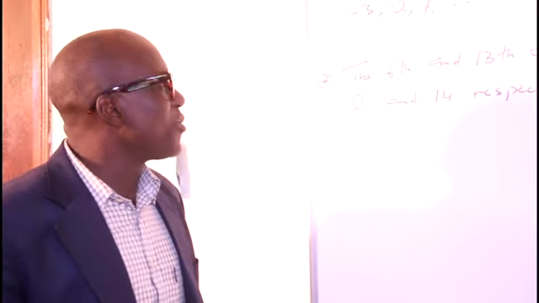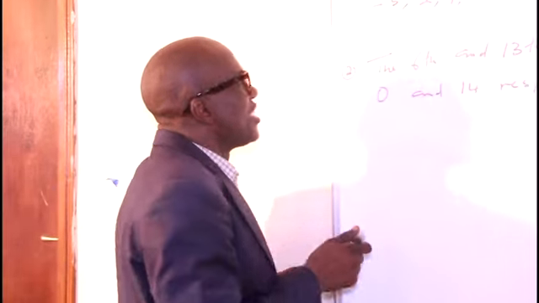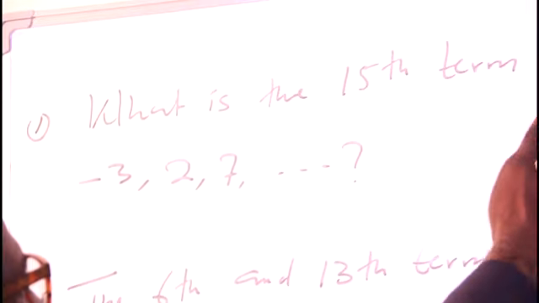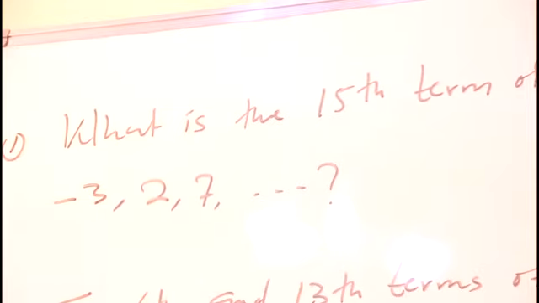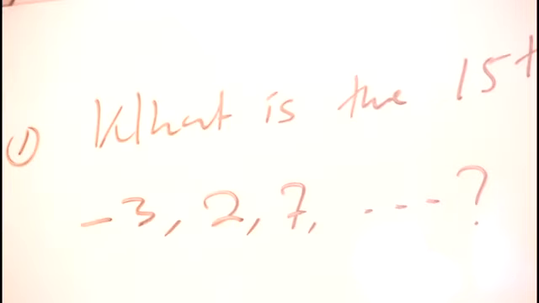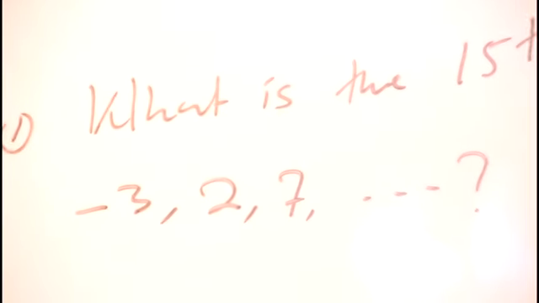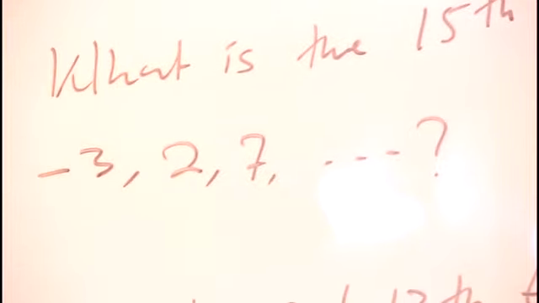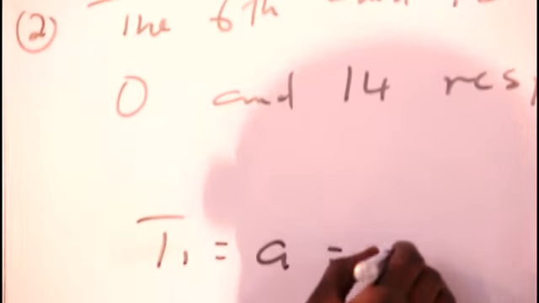Okay, now from what we've done, suppose we are given, look at this question, they said, what is the 15th term of the sequence? Now, what they're asking us for is T15. Looking at the sequence we have, T1 is equal to A, and it is equal to minus 3. Now you have T2, you have T3.